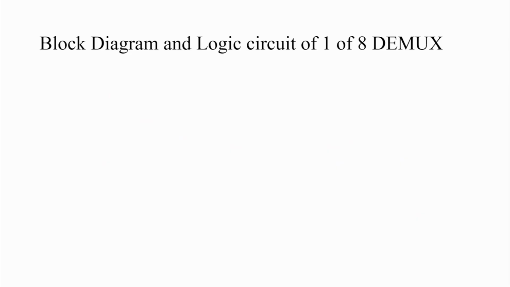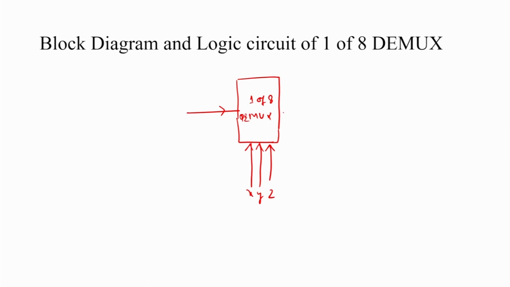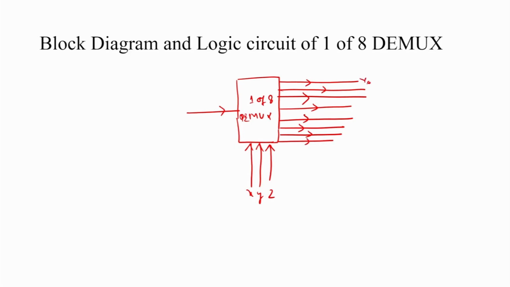Similarly, we can design the block diagram and logic circuit diagram of the 1 of 8 demux. In the block diagram of the 1 of 8 demux, there is 1 input line, 3 selection lines written as x, y, z, and 8 output lines known as y0, y1, y2, y3, y4, y5, y6 and y7.